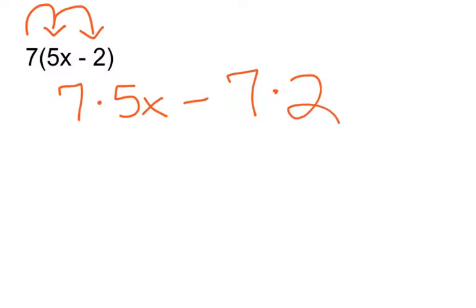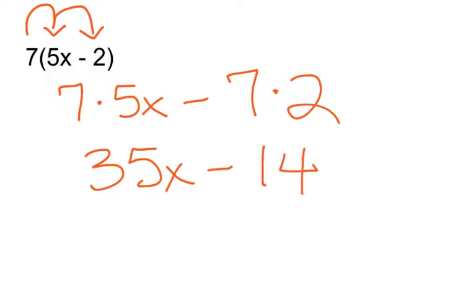Notice I've distributed the 7 to the 5x and also to the 2. So 7 times 5x is 35x, and a negative 7 times 2 leaves a minus 14. And now I have distributed the 7 to each part of the parentheses.